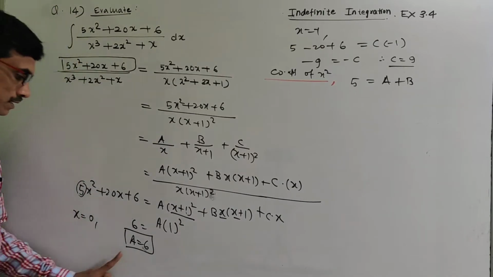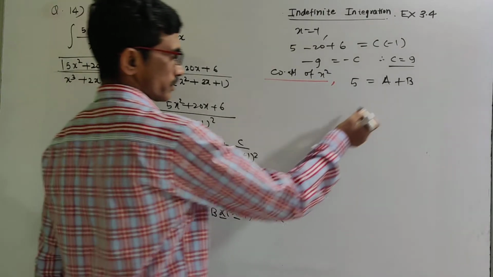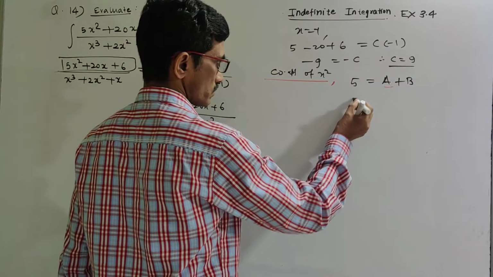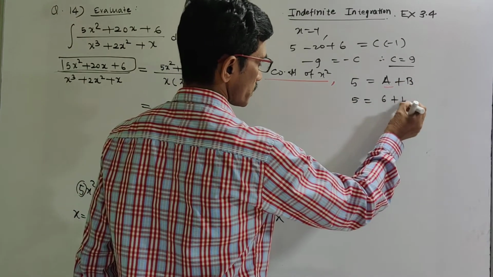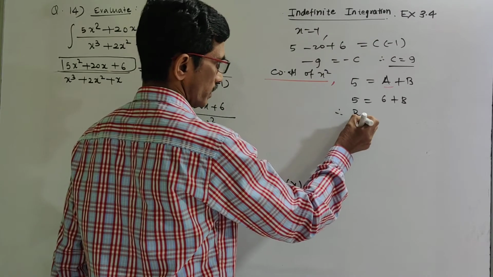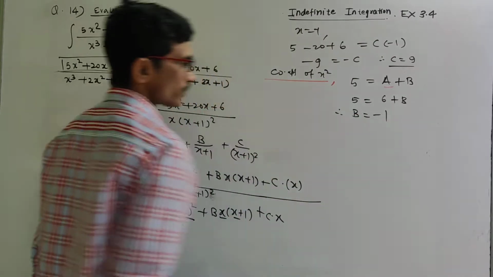A is equal to 6. Therefore substitute, 5 is equal to 6 + B, and B will be equal to 5 minus 6, that is minus 1.